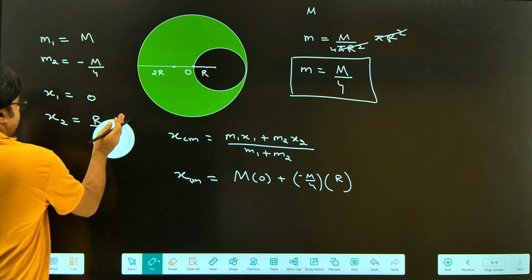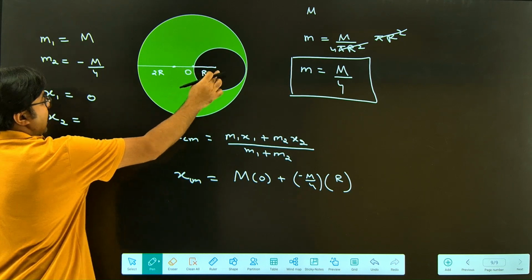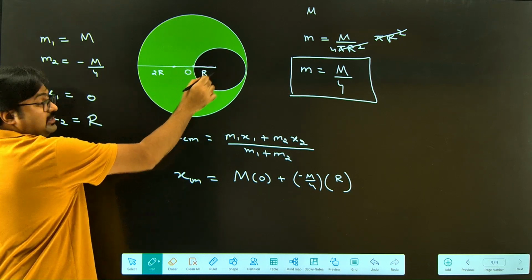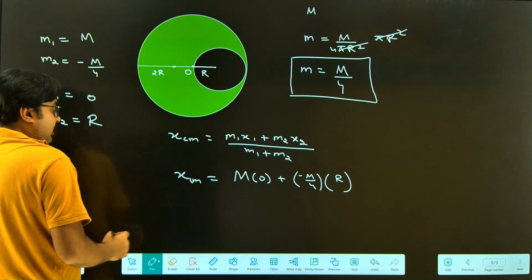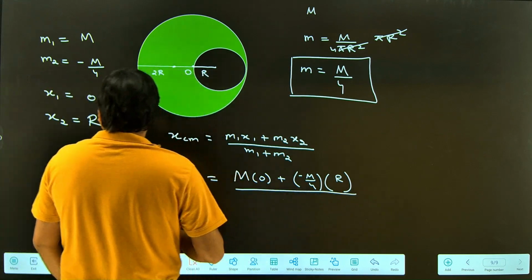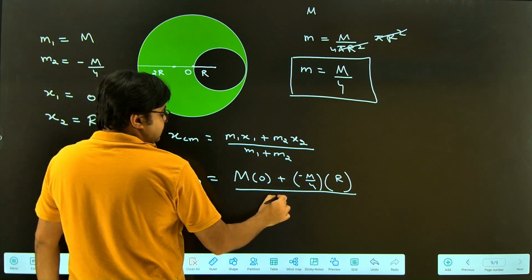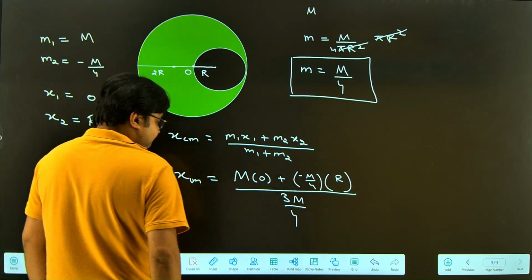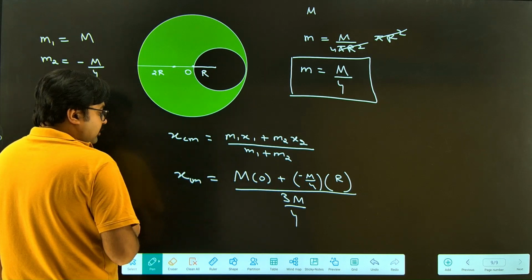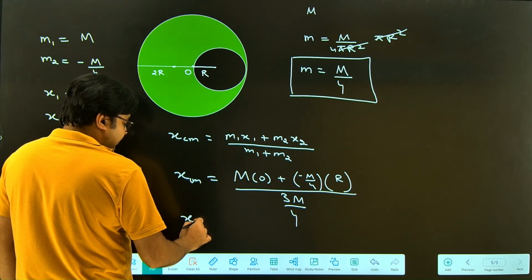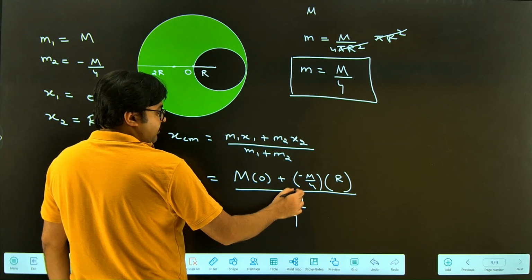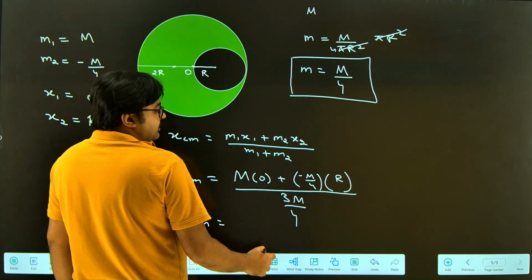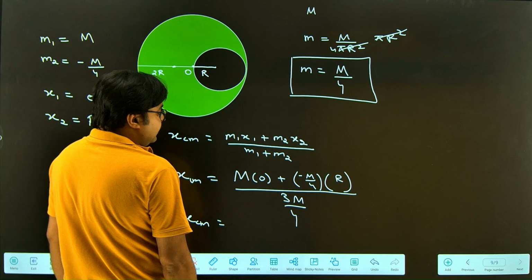I'm sorry, I wrote r by 2 here, but it should be r, because it's not half the radius, it's actually just radius r. Divided by the total mass, which is M minus M by 4, that's 3M by 4. Let's work this out. M and M get cancelled, and 4 and 4 also get cancelled.